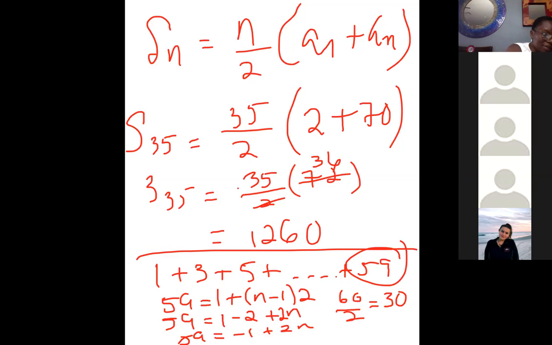So guys, here we are. We're gonna go back to sigma notation. And we're still looking for the sum, okay? Now, this one here, the lower limit or the starting value is 1. The upper limit for this one is 100, as in the last number is 100.